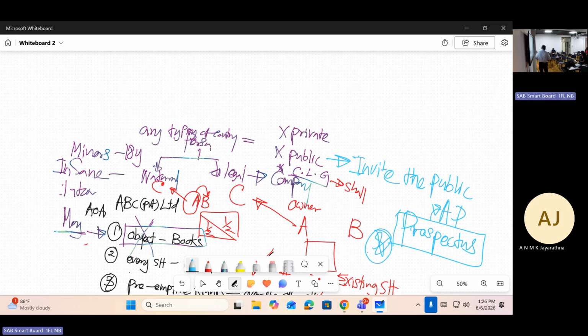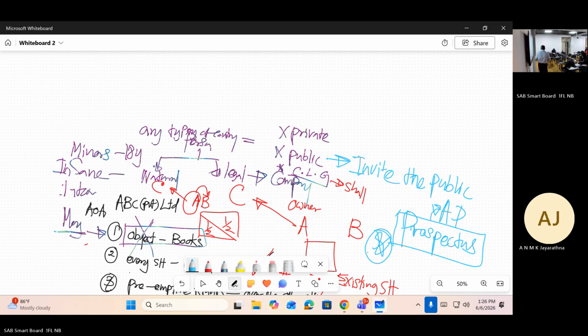In regard to the provisions related to prospectus, the Companies Act requires some information and reports to be mentioned in the prospectus. Auditors' reports, accountants' reports. And not only that, some information also has to be mentioned in the prospectus.